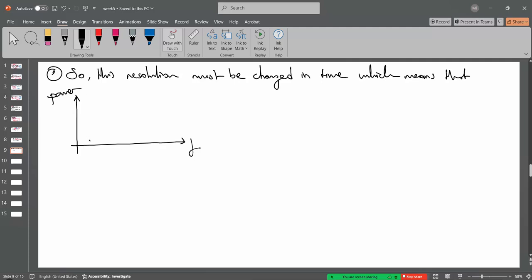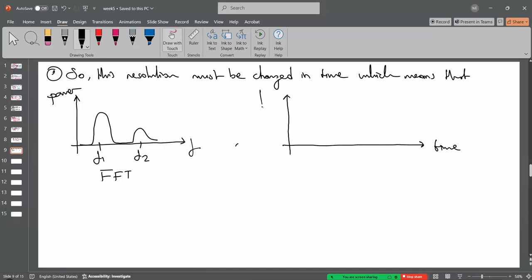Okay, and also this is the FFT signal, this is f1 and f2, this is FFT, fast Fourier transform, for example. In the other place we need to draw this line, the time and the frequency in here, not the Bode diagram.